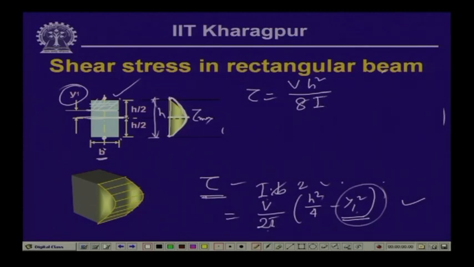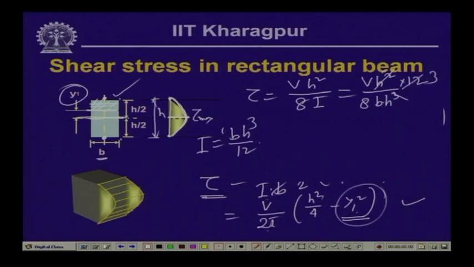Now, I for this rectangular section is equal to b h cube by 12. If we substitute that, this is equal to V h square divided by 8 times b h cube by 12. So, h square gets cancelled, and 12 by 8 gives 3 by 2.